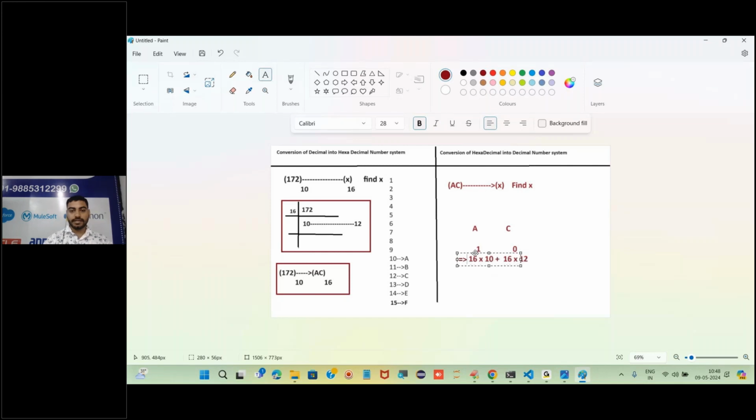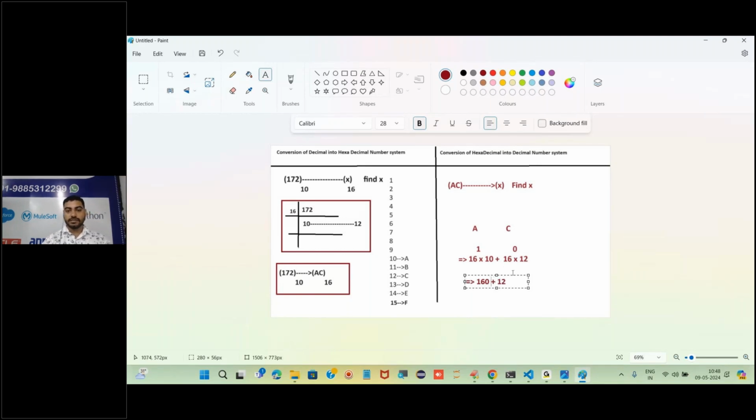X is equal to 16 power of 1 multiplied with 10. What is it? 160, right? Plus 16 power of 0, what is it? 1. 1 multiplied with 12. So I'll write 12.